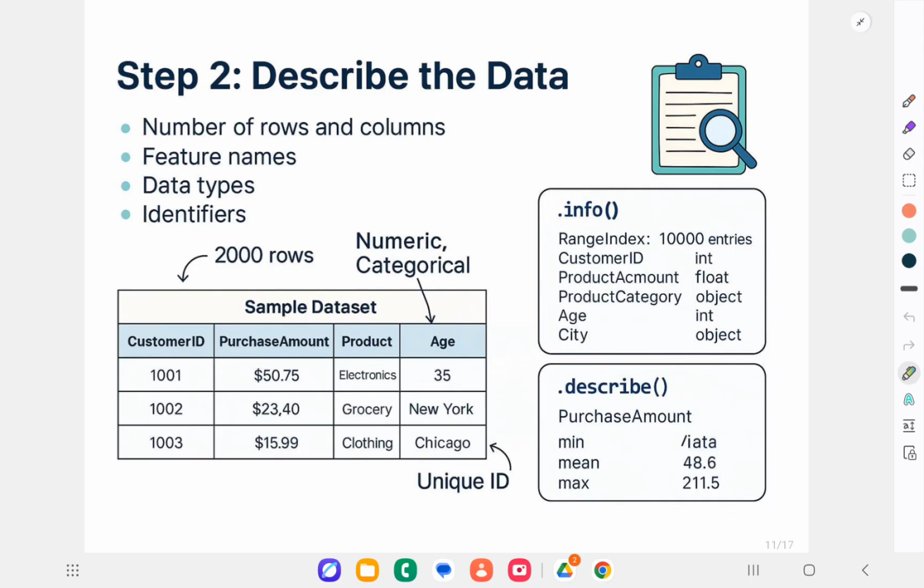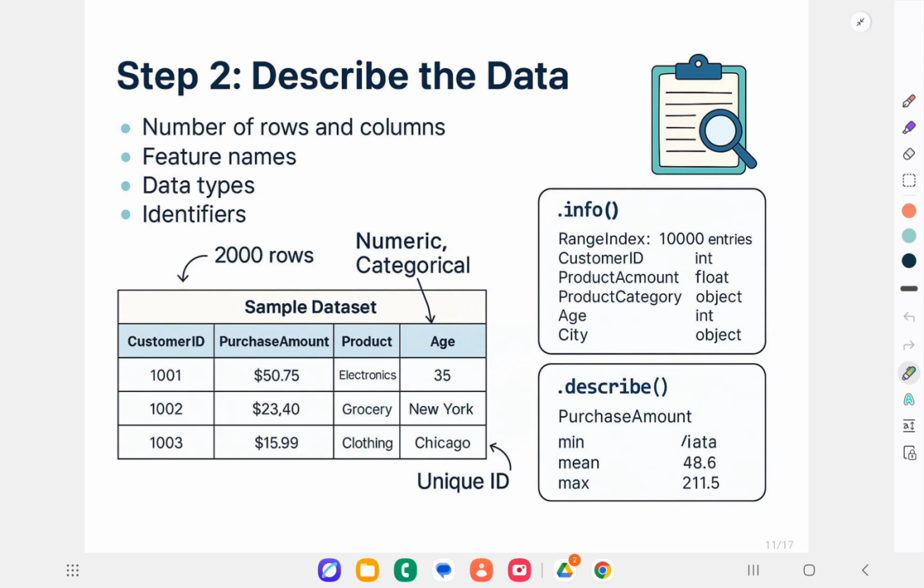Also pay attention to how balanced the data is. Do we have data from all the regions, right? Are most purchases from just one store? And then are all the customer ages clustered between 25 to 35? So here you're trying to find some general trends in your data.